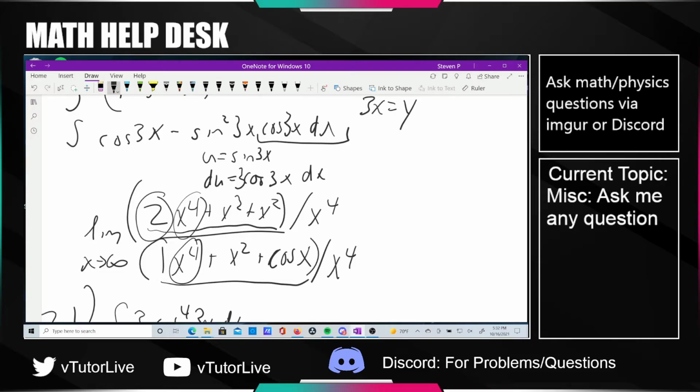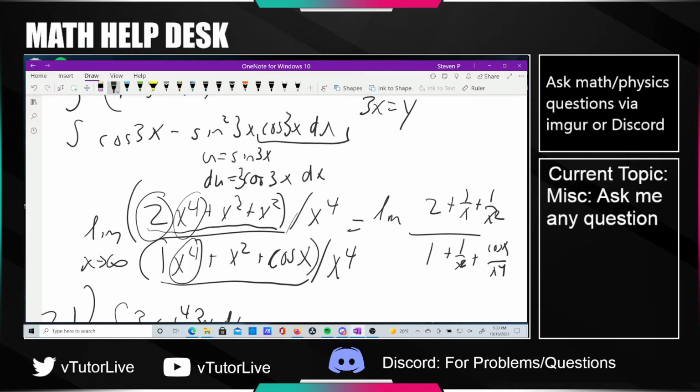But if you wanted to do it a little more carefully, you would divide through everything by x to the fourth. Then this looks like the limit as x goes to infinity of 2 plus 1 over x plus 1 over x squared, divided by 1 plus 1 over x squared plus cosine of x over x to the fourth, right?